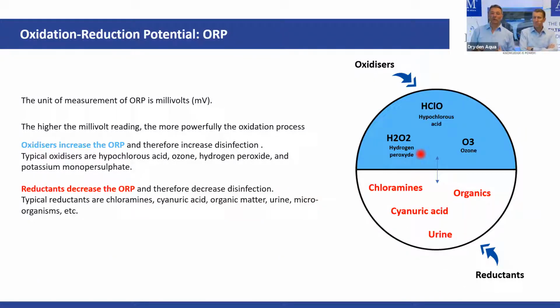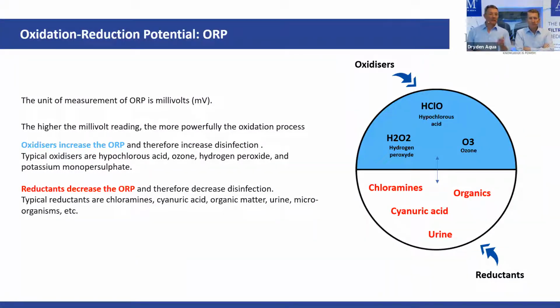If you increase chlorine, hypochlorous acid, or ozone, the ORP goes higher. If you increase the reductants in the water, your ORP goes down. And it's measured in millivolts.